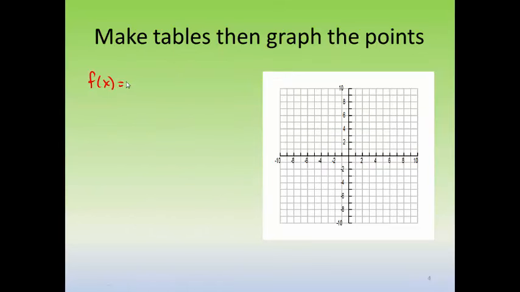f of x equals, this one's going to have 3 pieces. The first one's going to be -2x when x is less than -3. Then we're going to have one that's just a 5 when x is between -3 inclusive and up to 2.